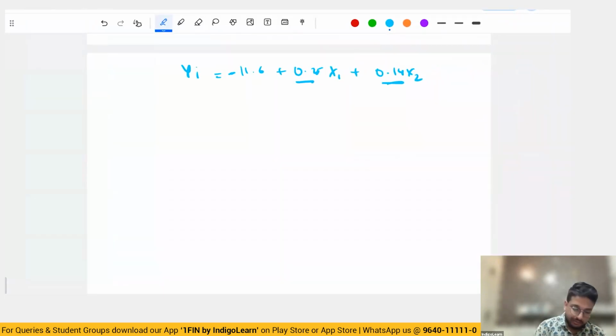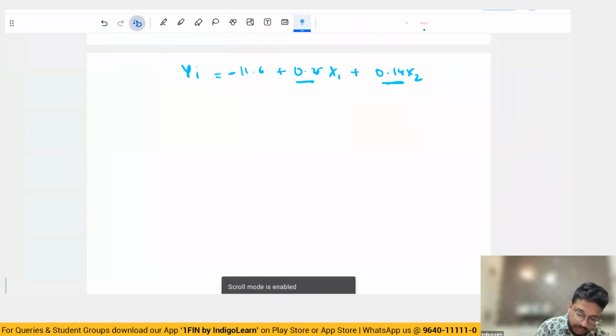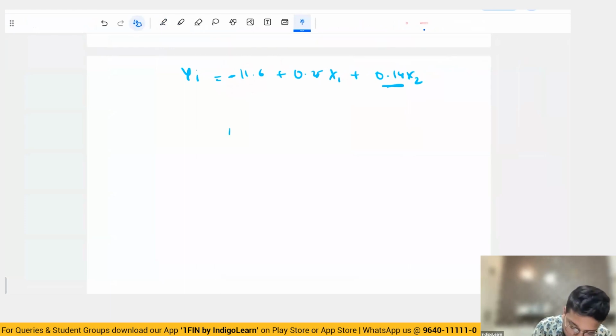First thing is clear: this is my intercept term, irrespective. There's no problem with respect to this. Now what about the other variables?